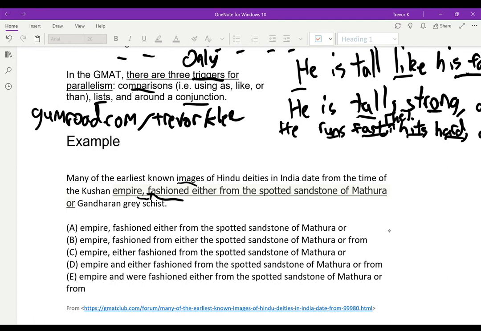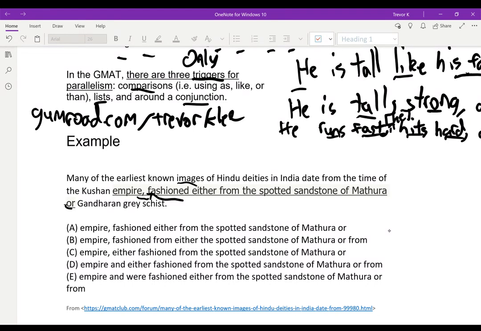Grammar-wise, I already know I need to link these things because it says Gandharan gray schist, right? Or Gandharan gray schist. Or is a conjunction. I've linked these things with my conjunction. So we've got a meaning reason why this needs to be linked, and we've got a grammatical reason why this needs to be linked. So I already know this first fashioned is wrong because it's not clearly linked.